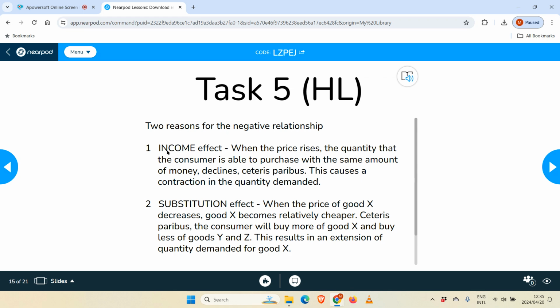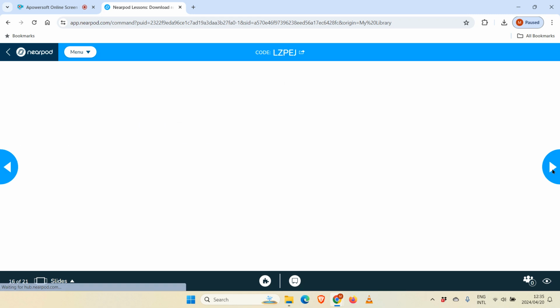The two reasons are the income effect and the substitution effect. Income, that's consumer income, will result in this negative relationship. Also, the substitution effect will result in this negative relationship.